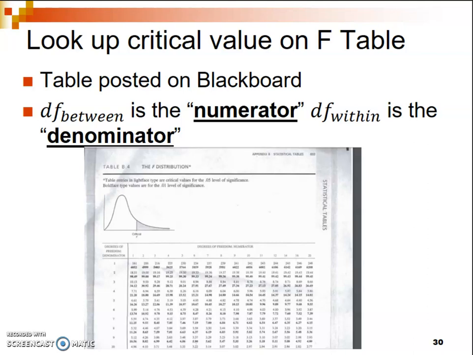So take this break in between videos to find that F table on Blackboard and look up your critical value for F, using the degrees of freedom between as your numerator and the degrees of freedom within as your denominator. Then I'll give you the answer in the next video.